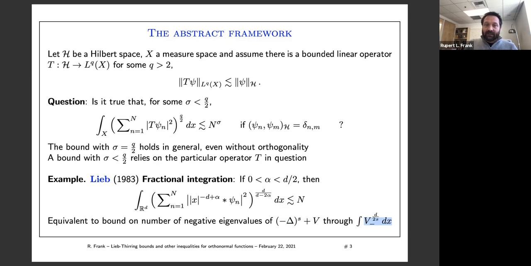Okay, so having this bound on the number of eigenvalues of the Schrödinger operator bounded by constant times that, is equivalent to having this inequality valid for all systems of orthonormal functions, psi n.